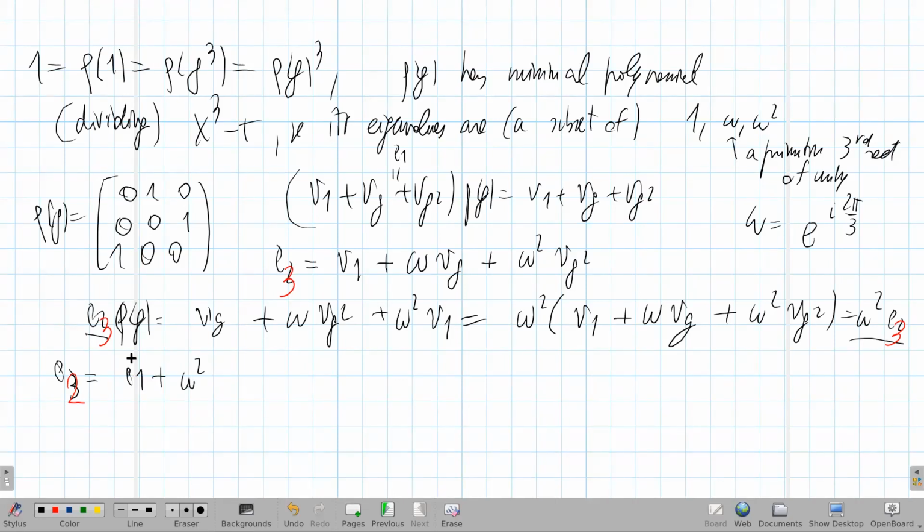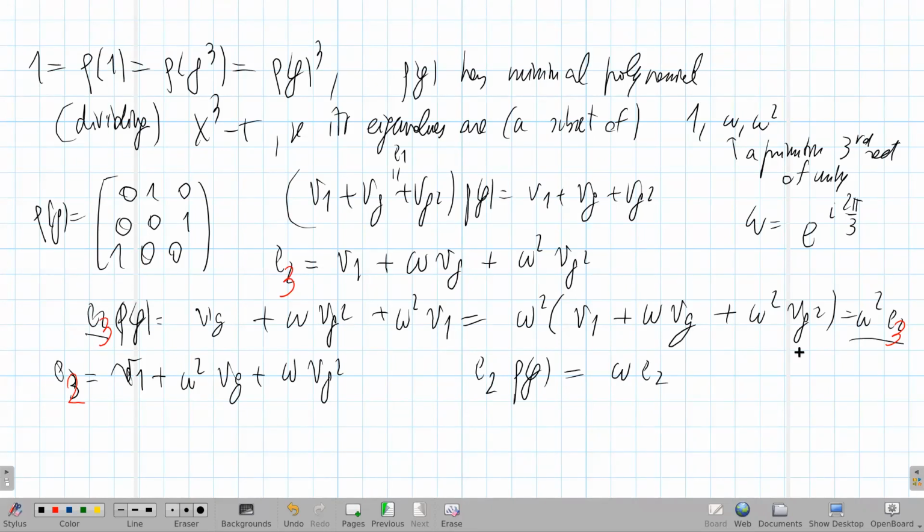No, sorry, this is V1 plus omega Vg plus omega square Vg square, and you check that if you apply rho g to E2, you get omega E2. The right notation would have been to call the first one E naught, because the eigenvalue here is 1, which is omega to the 0, and this would have been E1 and this E2.